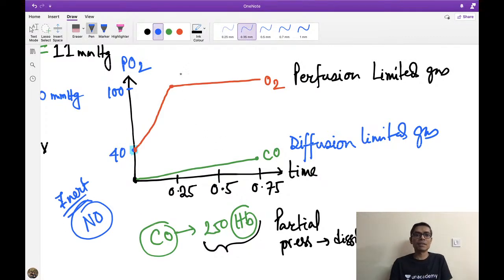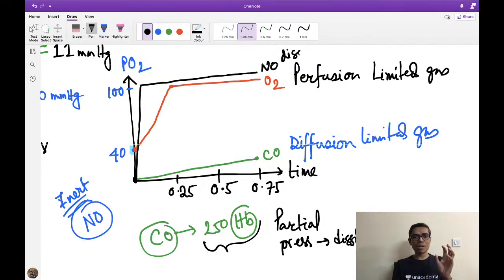That means for nitrous oxide, the diffusion equilibrium will be reached even earlier than that of oxygen, because for nitrous oxide there is only and only dissolved gas, but for oxygen there is dissolved as well as hemoglobin bound.